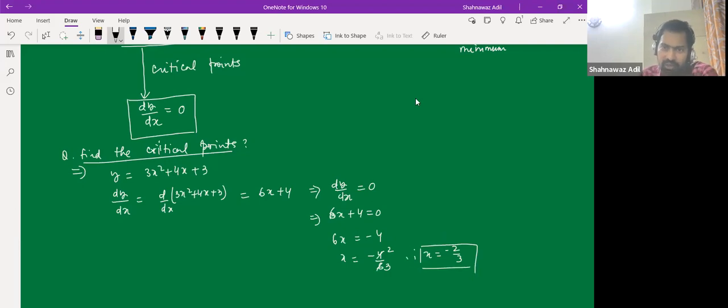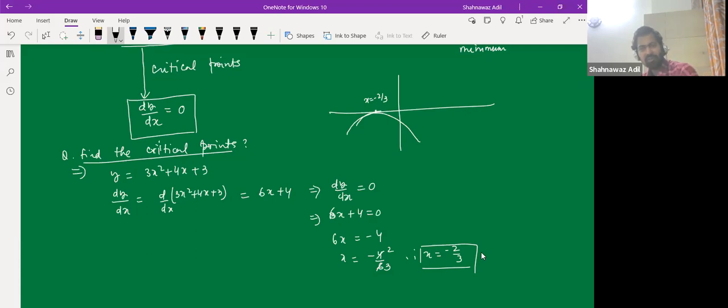So you have a function, and at x equal to minus 2 by 3, you will get something like this one, maxima, or I guess it can be minima or maxima. You don't know yet, right? So I will not talk about what kind of point it will be.